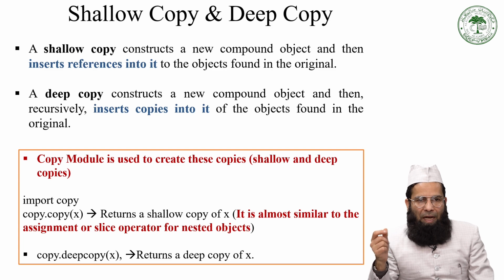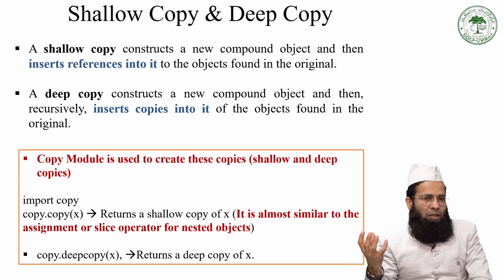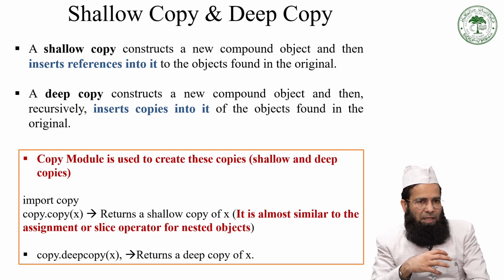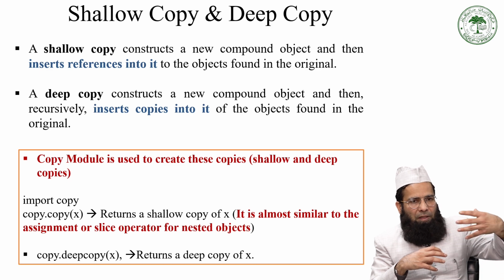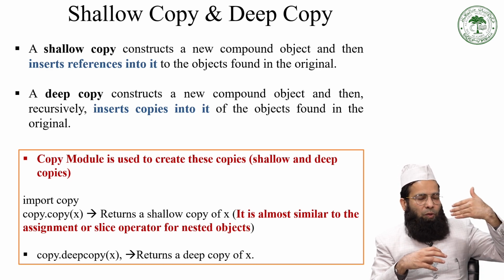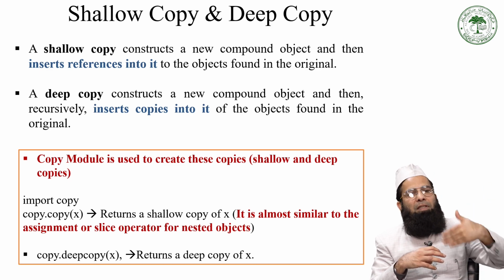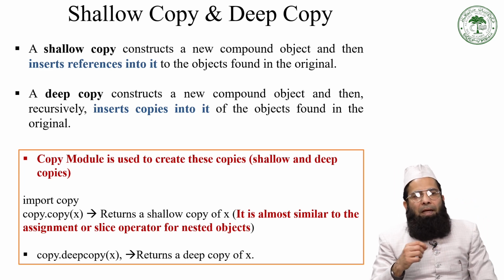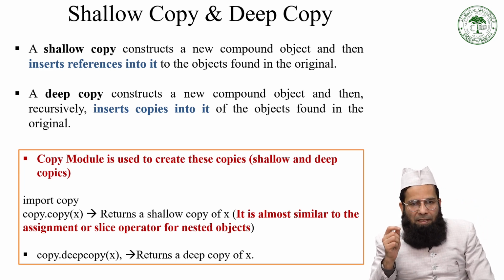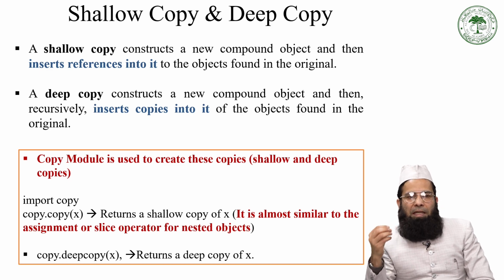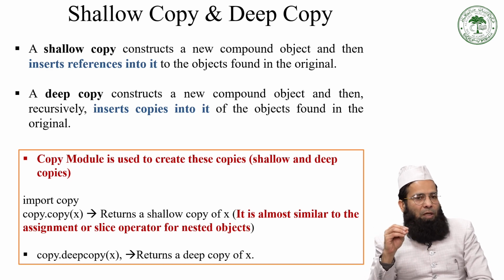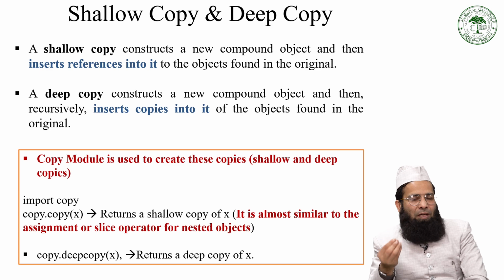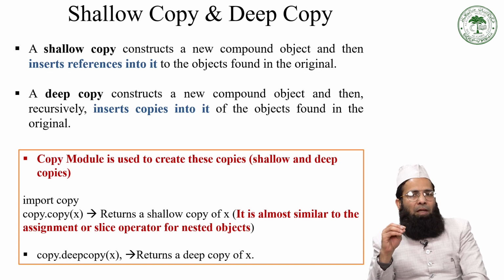So a shallow copy would actually include the references. So if you are updating a certain value in the list, the other list would also be updated, since the reference is being copied. In case of deep copy, a deep copy constructs a new compound object and then recursively inserts copies into it. So instead of copying references, it is actually inserting the copies into it.